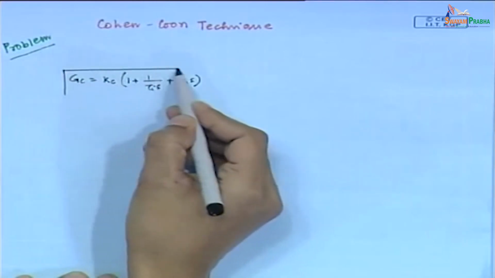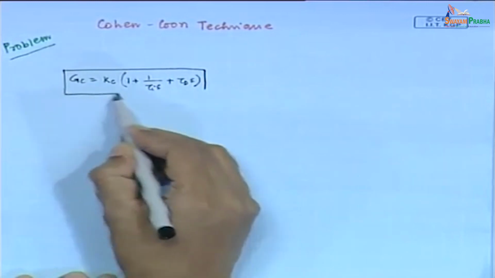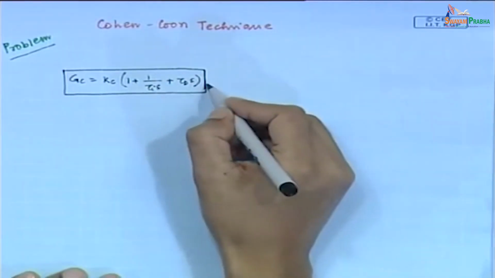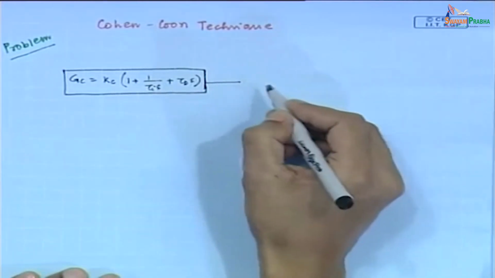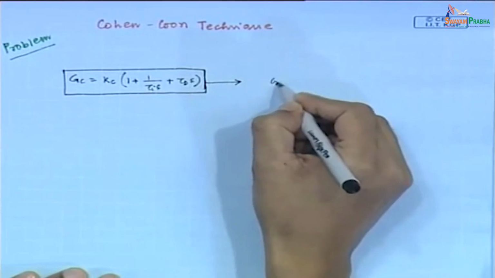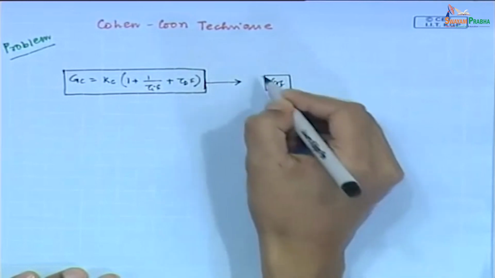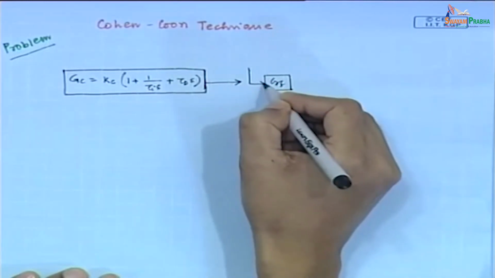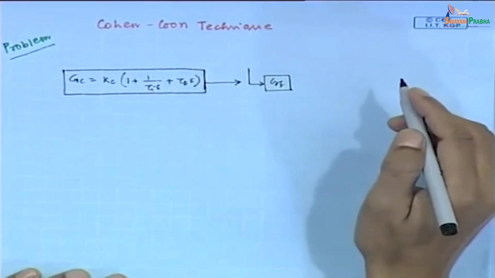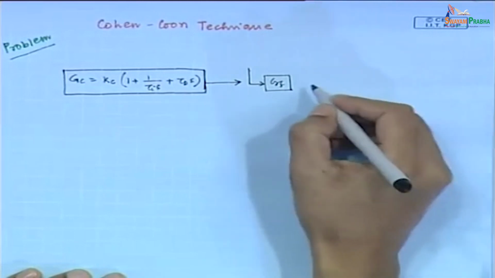This is the transfer function of a PID controller. Then, as we discussed, the final control element and controller block are disconnected. So, that is shown here.